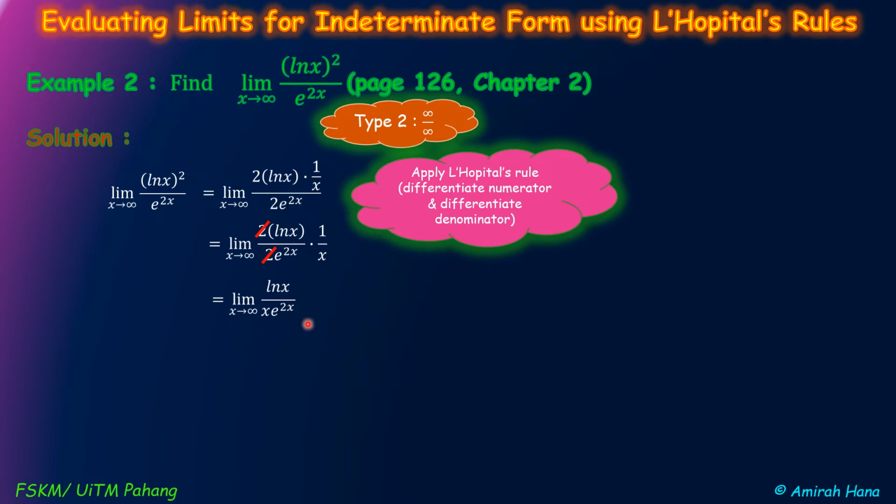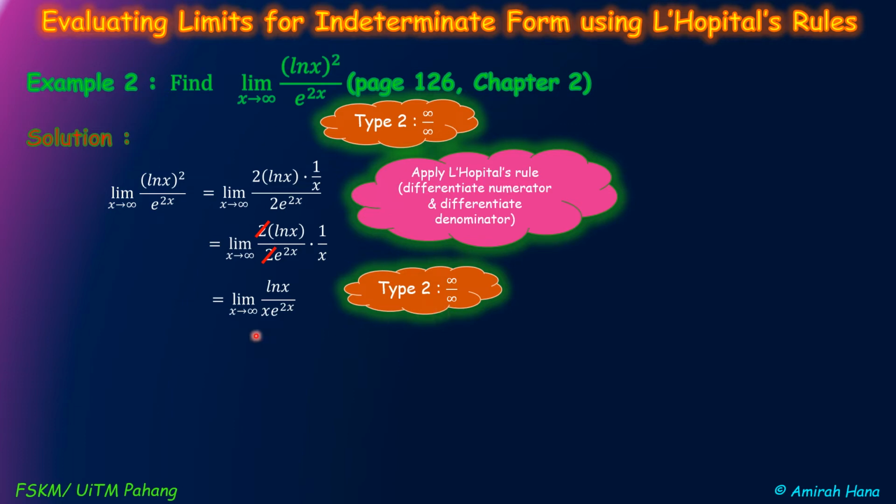After that we can try to use direct substitution. But if we use direct substitution, the answer is still infinity over infinity, because when we substitute infinity into x, we have ln infinity, which equals infinity, and in the denominator we still have infinity. So the answer is infinity over infinity, which is an indeterminate form.